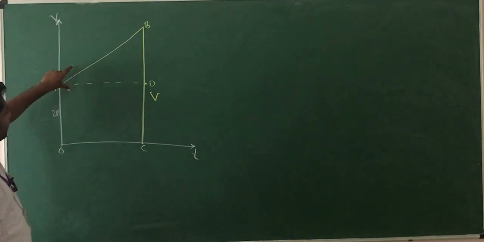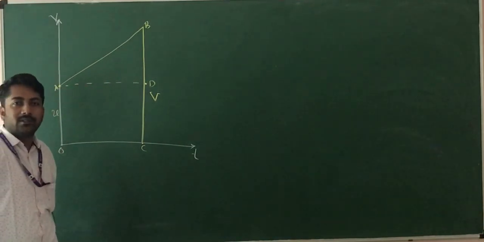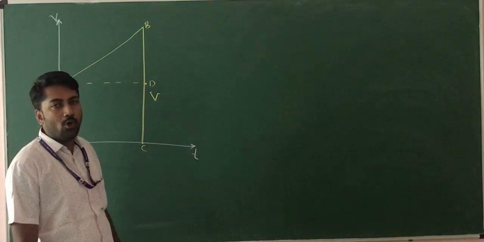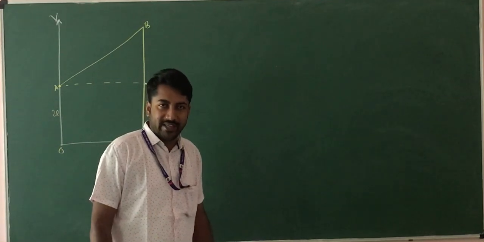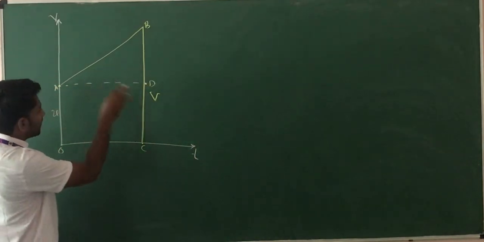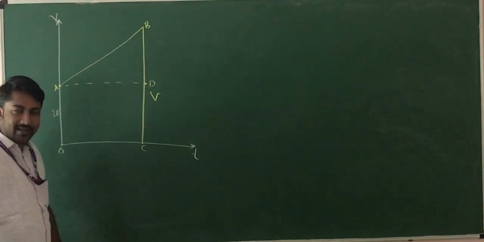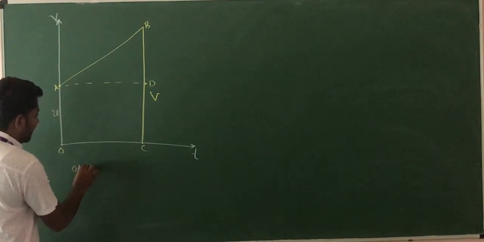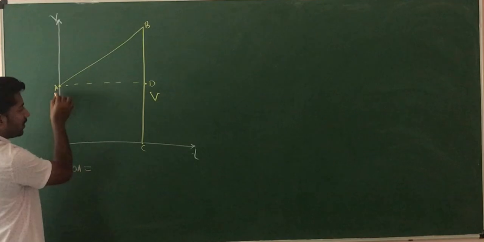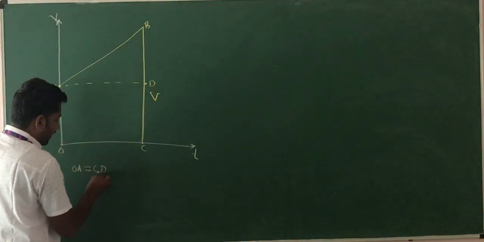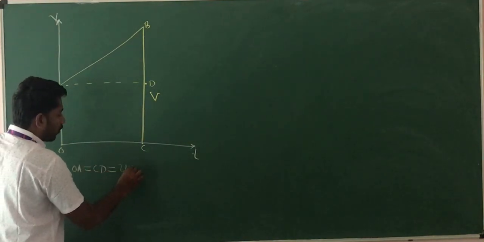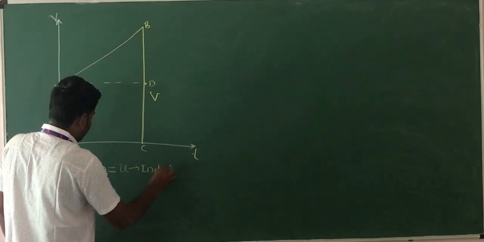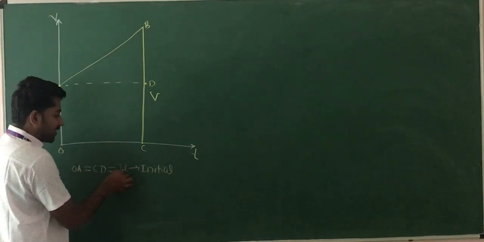Using this velocity and time graph, now we will find the third kinematic equation, that is v square is equal to u square plus 2as. In this graph, OA is equal to CD is equal to u.